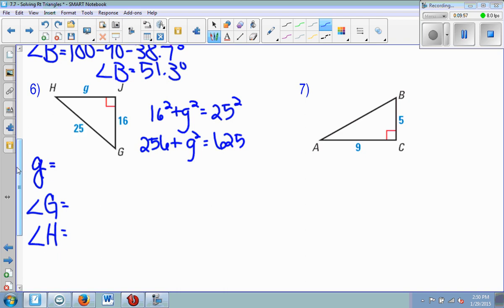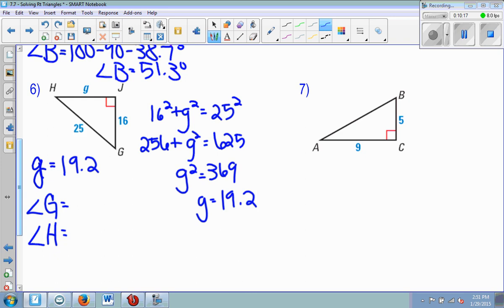In order to solve, we subtract those values. So we get 369. And if we take the square root, we'd get a value of 19.2. So there's the third side of my triangle, 19.2.